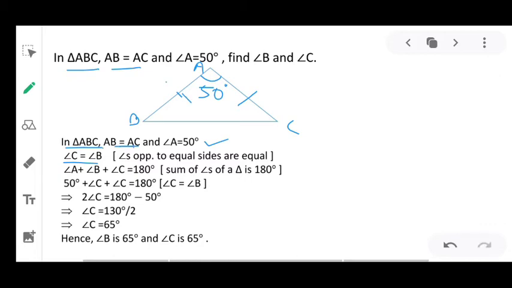AB equals to AC, that is given in the question. So the angle opposite to side AB is C and the angle opposite to side AC is B. As AB equals to AC, we can say angle C equals to angle B, because angles opposite to equal sides are equal. Clear? Next.